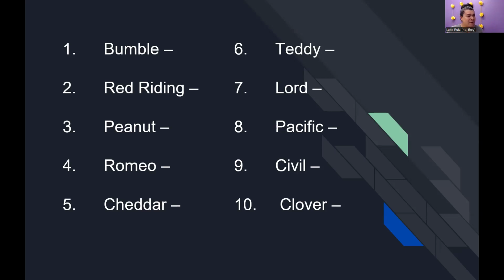But as we move forward, I thought I'd throw some different ones in there. Specifically, if you go all the way to the end, like Pacific, and for this group, I put in Clover because I wanted to see how our context and how our language has been ingrained in us as we have been here at the college, either a short amount of time or for a number of years. So Clover Park Technical College, a bunch of them, Clover Park, and then Technical College spelled out the whole way.